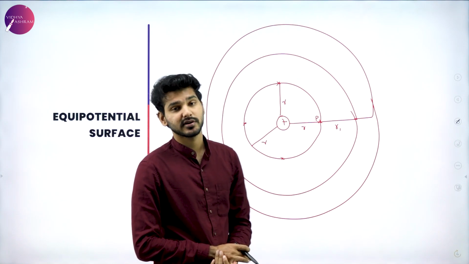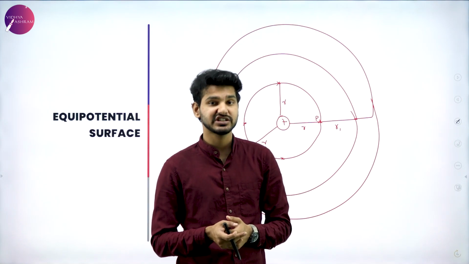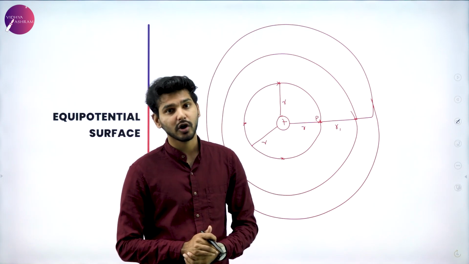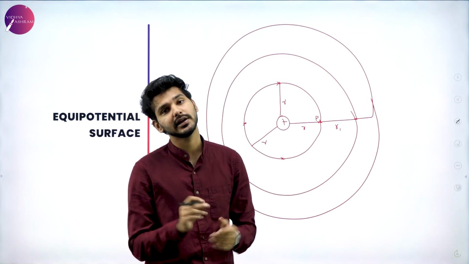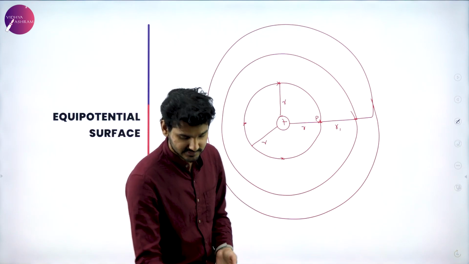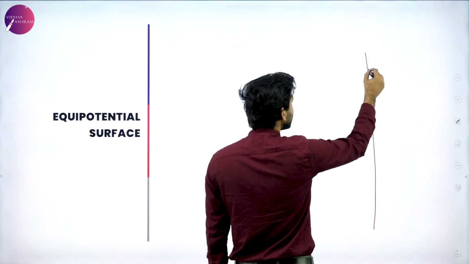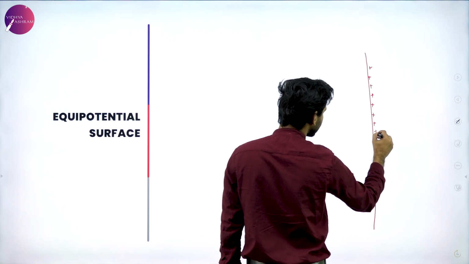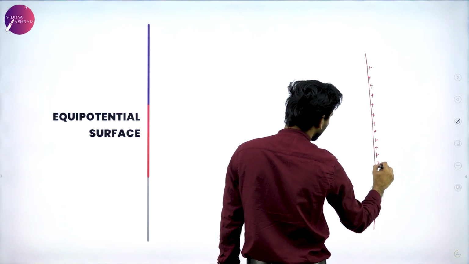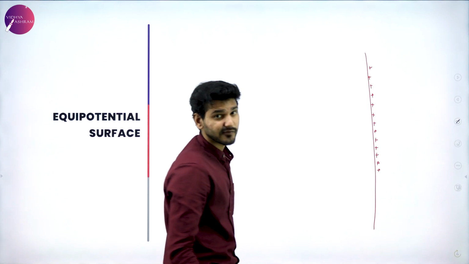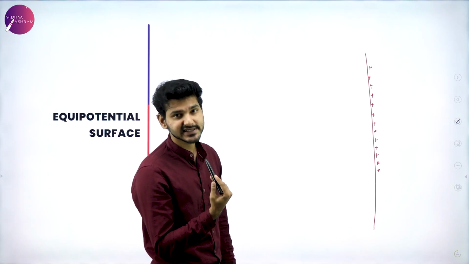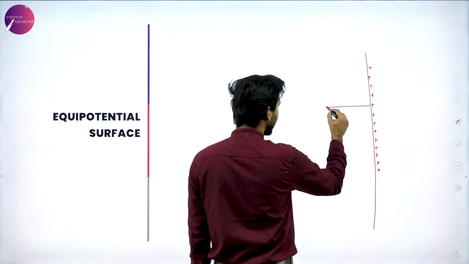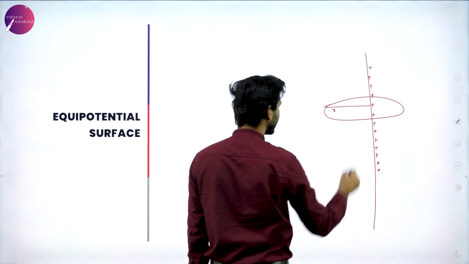Now it is not just for a sphere, it can be a charged sheet or a charged line element. Just like in the applications of Gauss law, what if it is an infinitely long wire? Then what will be the case? In the case of an infinitely long charged line, the equipotential surface will be in the shape of a cylinder. That is, if we consider r distance away from that, we will draw a circle like this.